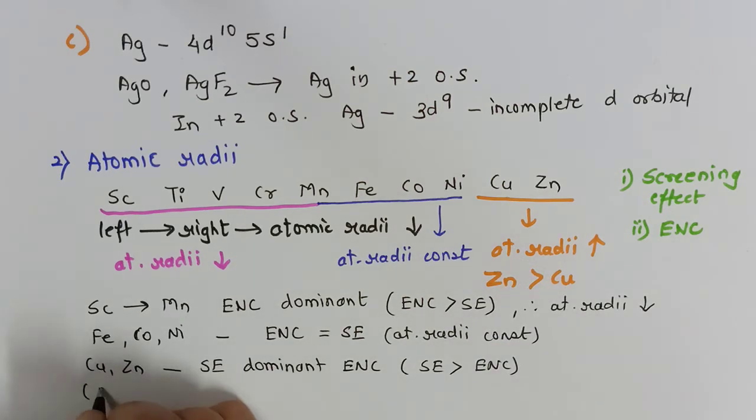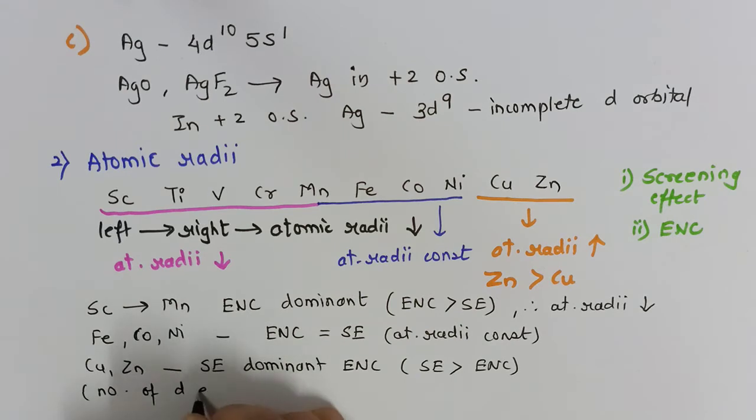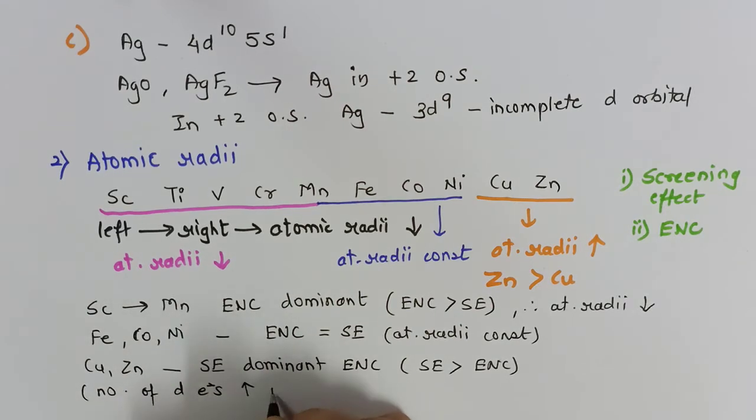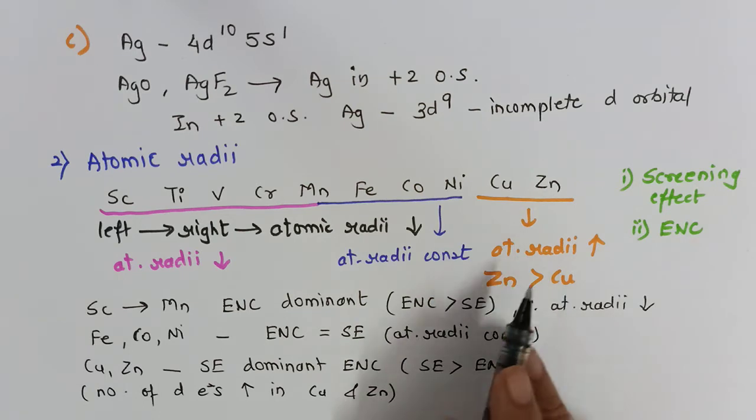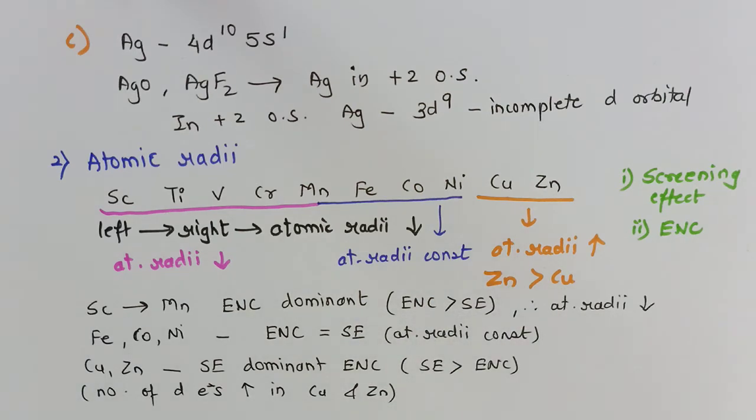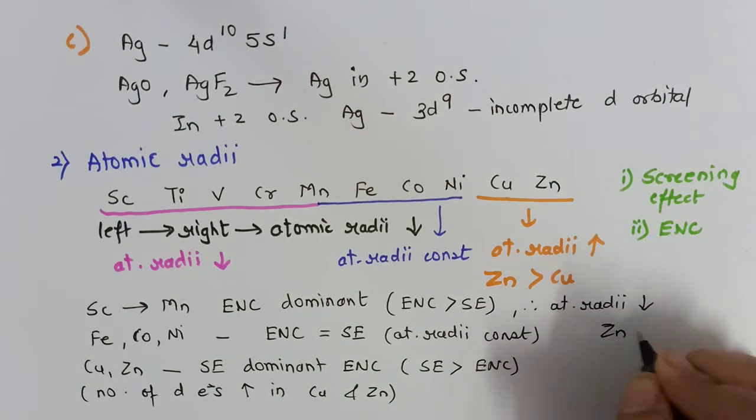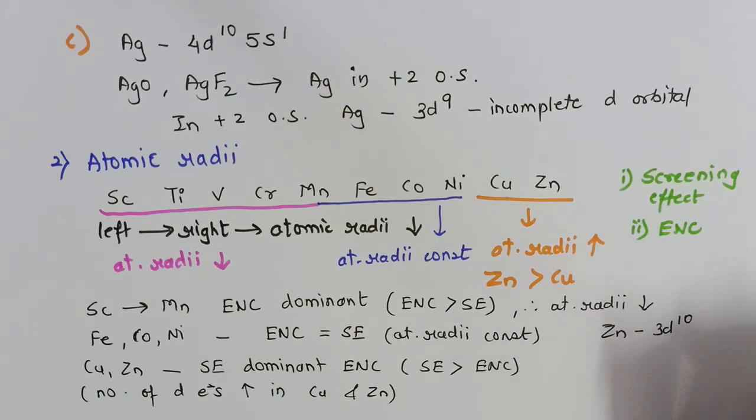Or I will say the number of d electrons increases in copper and zinc, and therefore their atomic radii increases. Now coming to this point, I told you that atomic radii of zinc is greater than copper. Why? Because zinc shows the configuration 3d10 4s2.